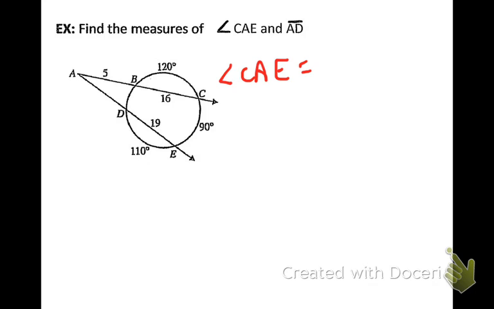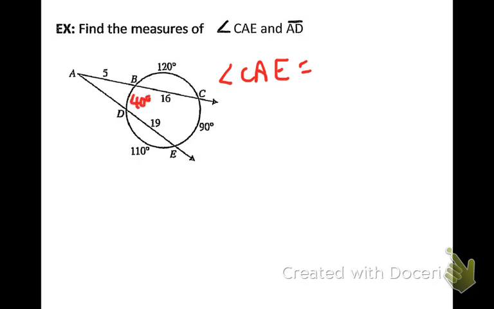How would you find that? Yeah, add the other arcs up, subtract them from 360. So what's BD going to be? Michelle? 40. You're right. That's 40.